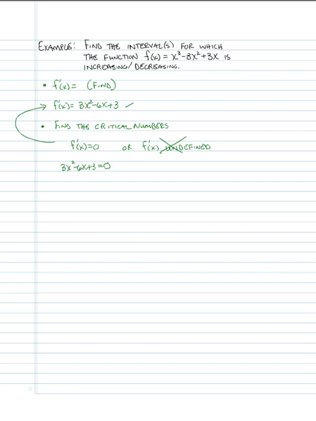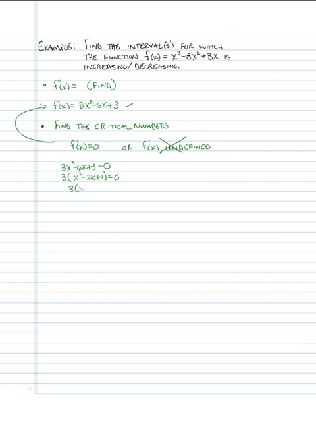Well, that means we're solving an equation. Okay, and when we solve this equation, I'm noticing that there's a common factor of 3 through all of this, so I can factor out a 3 and have 3 times x squared minus 2x plus 1 is equal to 0. Now, people have been shown different things, but let me tell you what I would do here real quickly.